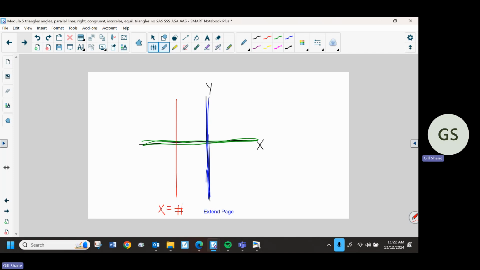So make sure you go to the line of reflection and then keep going. Some people, like if the point was over here and they were doing x equals a number, they stopped at this and then started counting again. So the y and x axis have nothing to do with the counting if this is your line of reflection. You always count to the line of reflection.